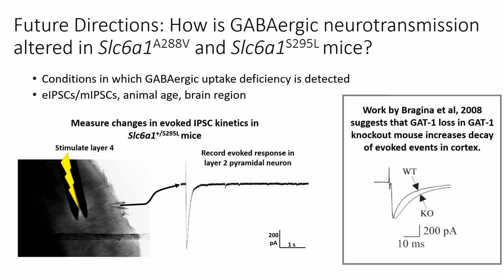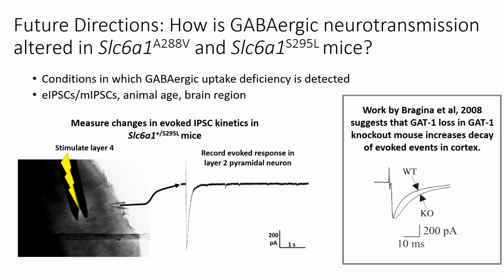So what are future directions? For me, as a physiologist, I'd like to know how GABAergic neurotransmission is altered in both of these knock-in mice. As I think studies with the knockout mice have shown, you won't find a deficit in every way that you look at these synaptic currents.